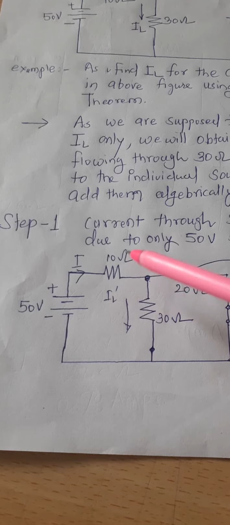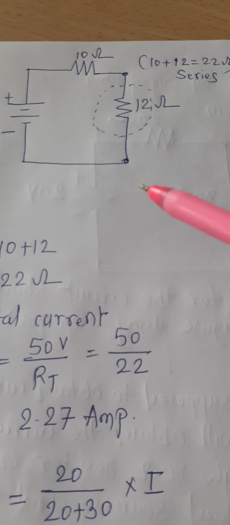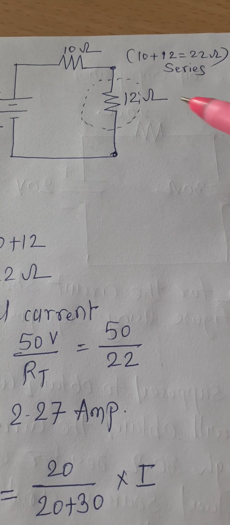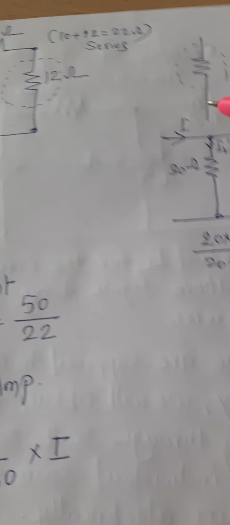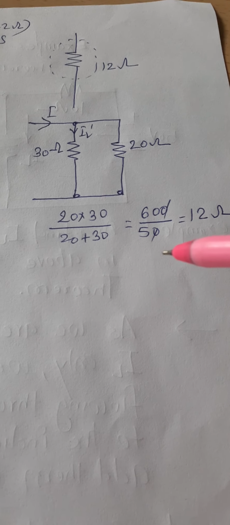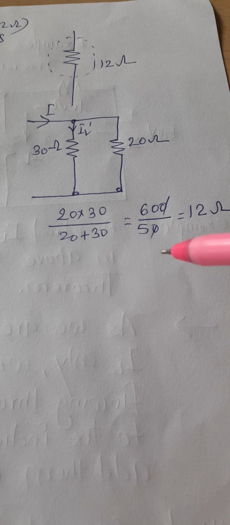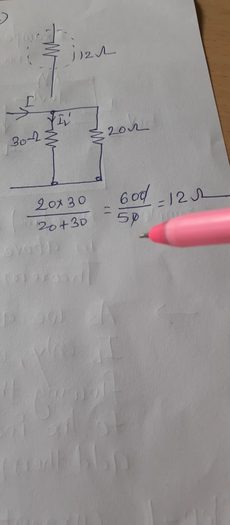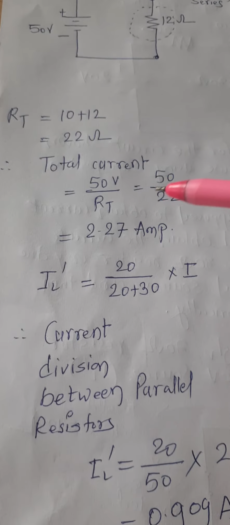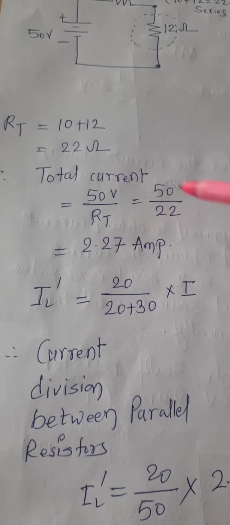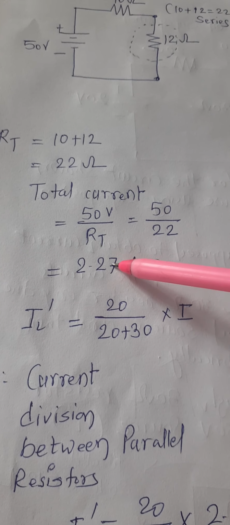So next, we are going to see this circuit diagram here. 10 plus 12 is 22, and the parallel combination is solved here: 20 into 30 upon 20 plus 30 is equal to 600 by 50, which is equal to 12 ohm. The total current is 50 upon 22, which is equal to 2.27.